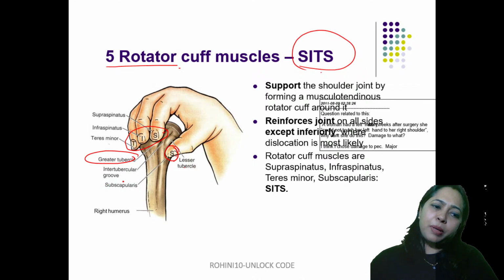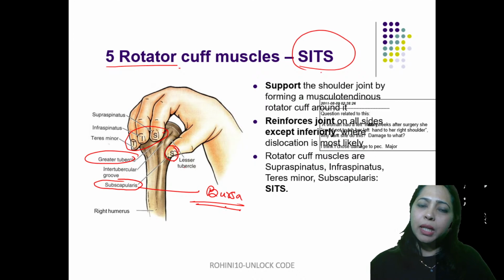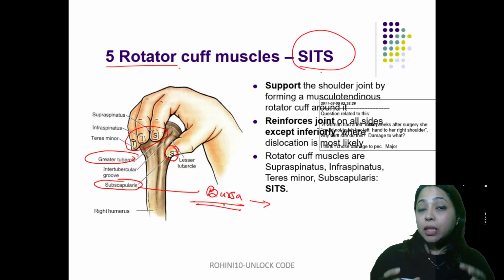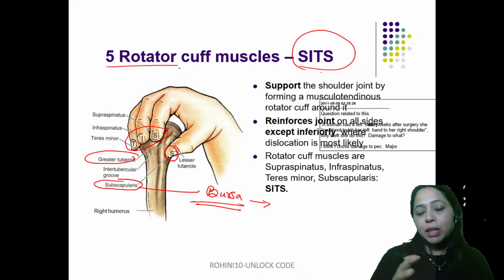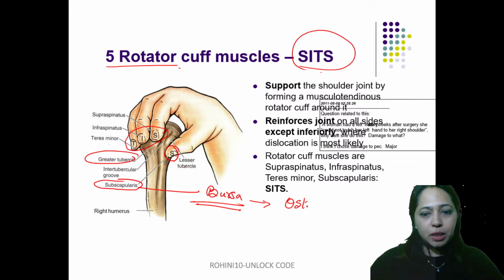This is subscapularis. You also have a bursa to this subscapularis. Usually this bursa can undergo bursitis, and because this particular bursa is present within the joint cavity, that can also result in osteoarthritis of the shoulder joint later on.